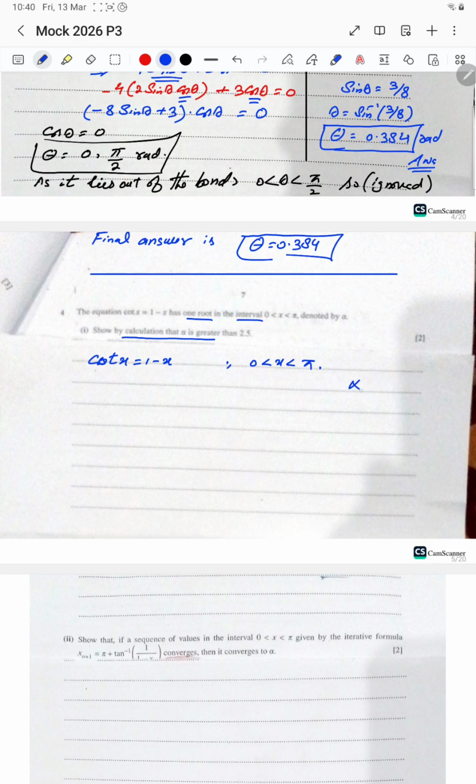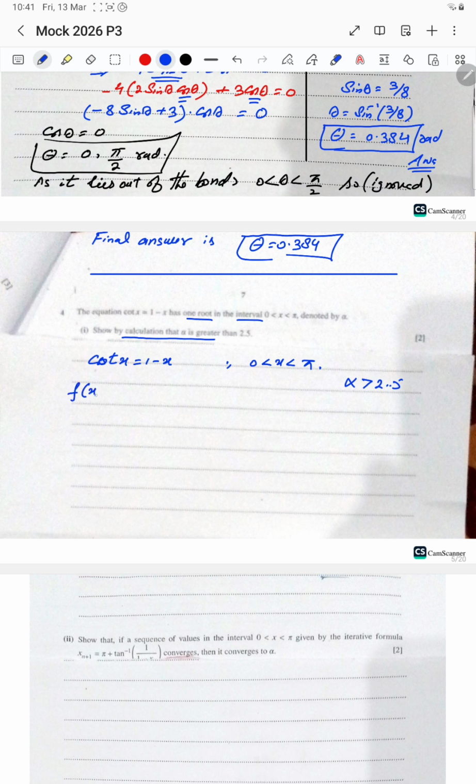It means your alpha is bigger than 2.5, and we need to show it. So here we can take different values between 2.5 and, say, 3, the integer bigger than 2.5. So let's see.